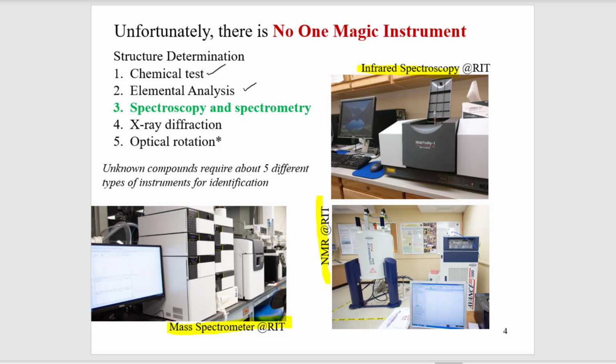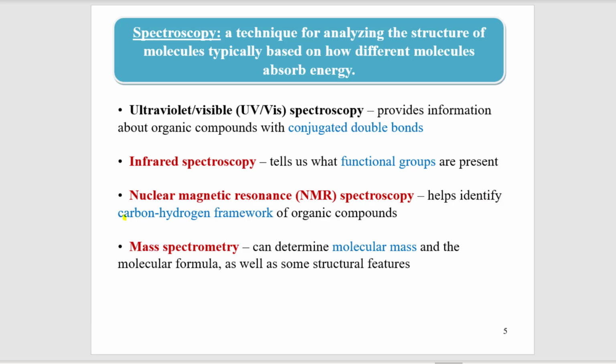So what's the difference between a spectrometer and spectroscopy? Spectroscopy is when an instrument hits the molecule with some type of energy, right? And it could be radio frequency, could be infrared, it could be UV. And we look at the behavior of the molecule when it gets hit with that energy.